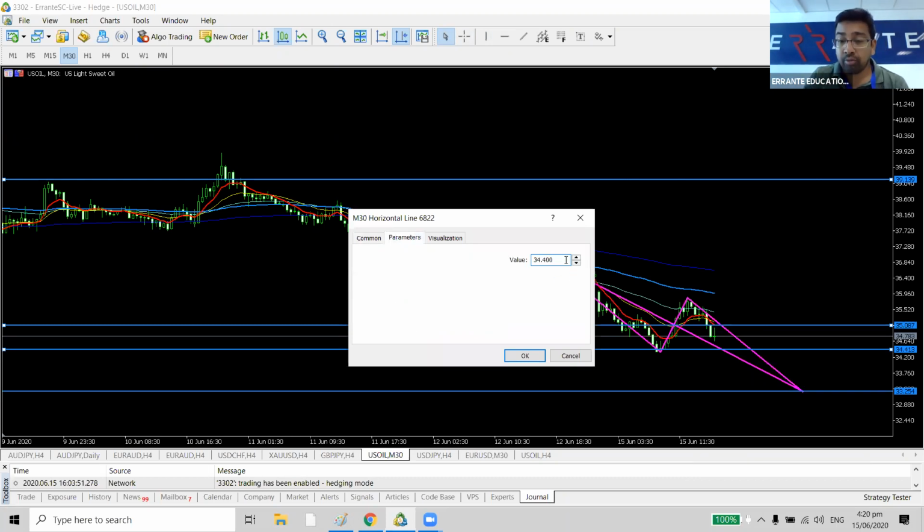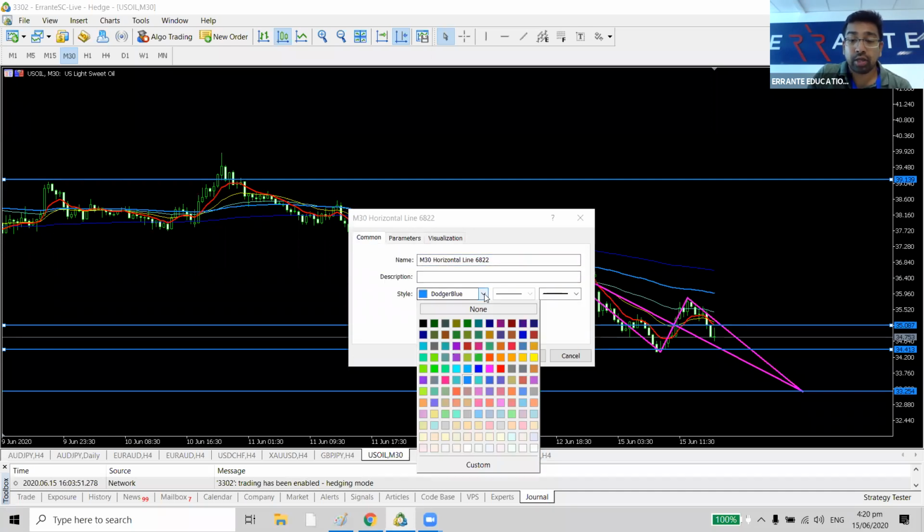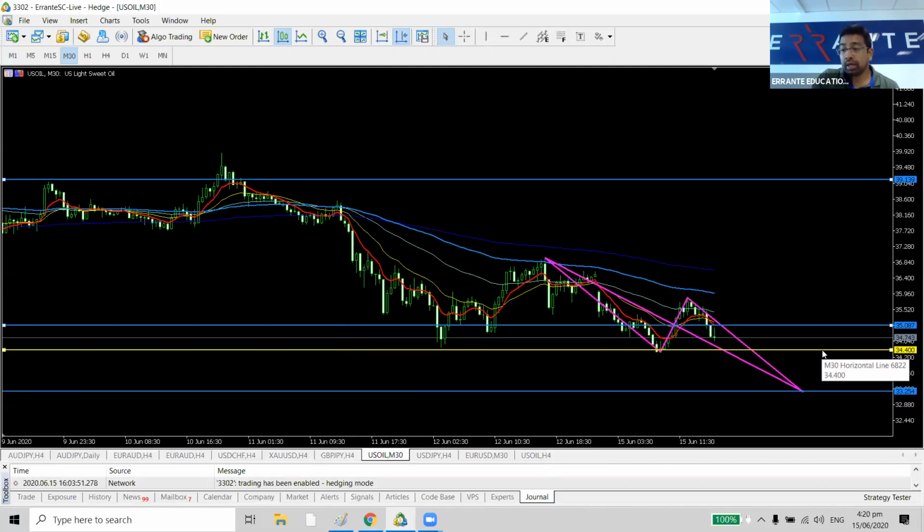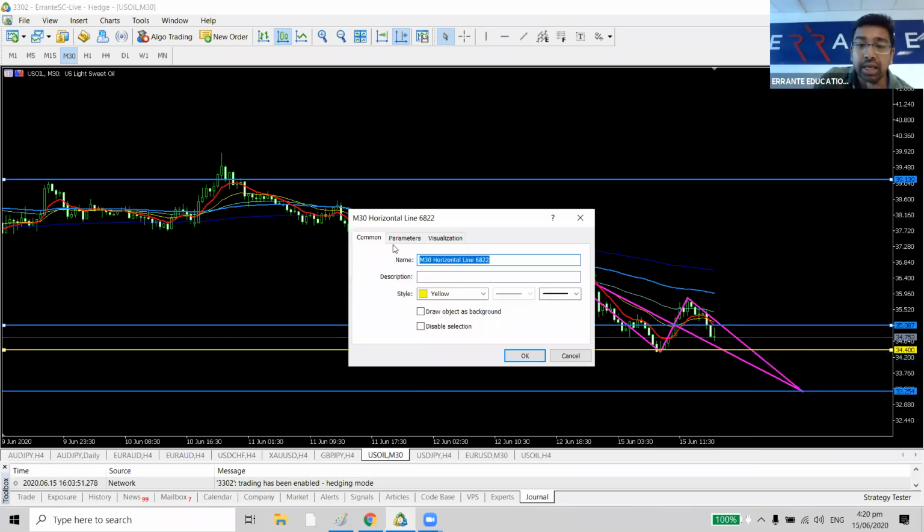So 35.40 will be my selling area that I prefer. So I'll change that into, let's say, yellow, the area that I wish to trade. So 34.70 is an ideal selling. You can actually sell there.